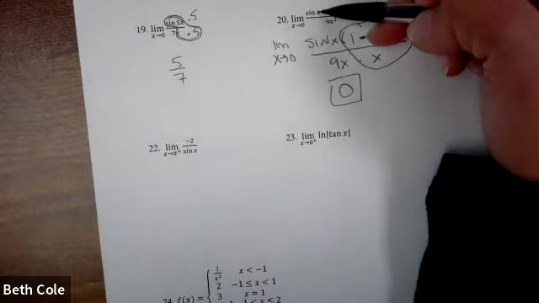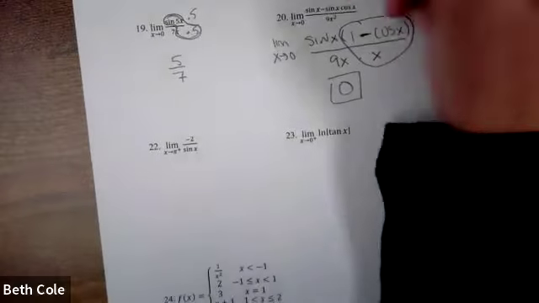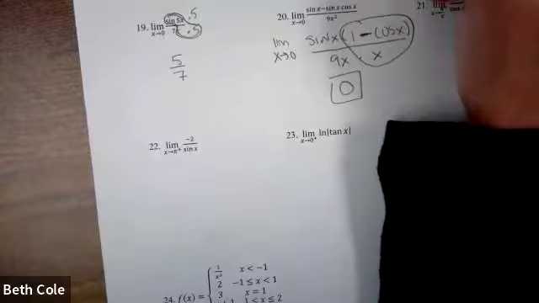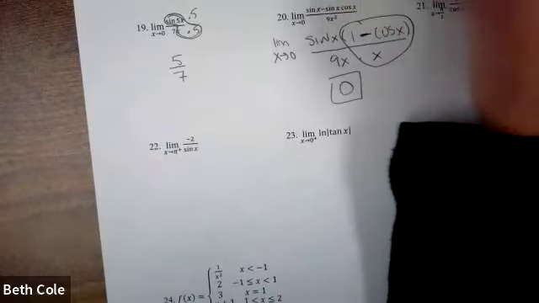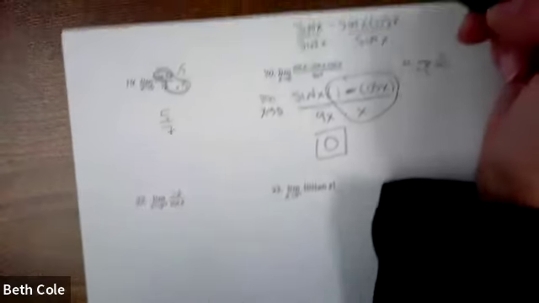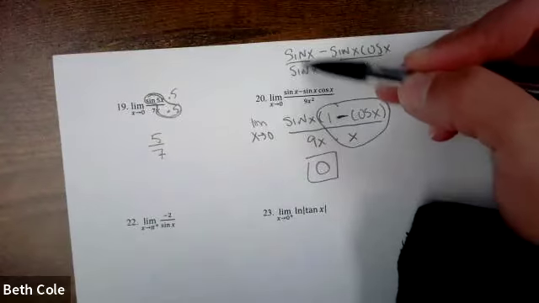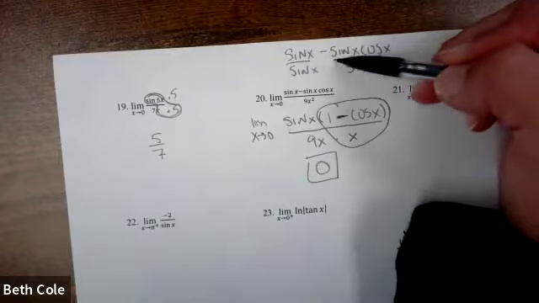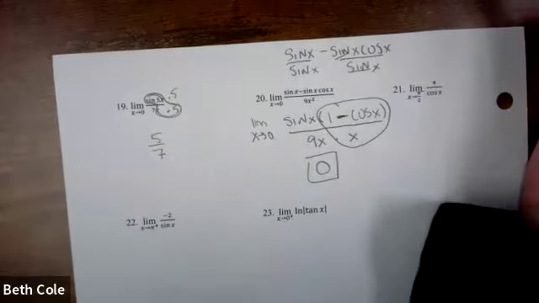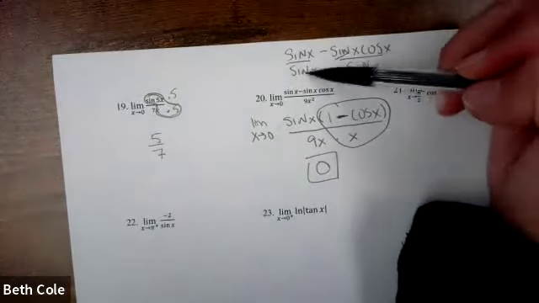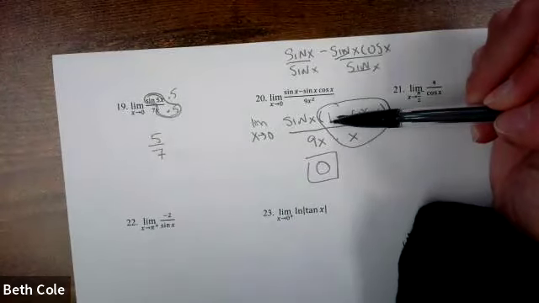I got you. Hold on. I'll show you. You're dividing this by sine x, and you're dividing this by sine x. So this part is just positive 1 minus cosine. Okay. Visually, does that help better? Do you see how sine over sine is just 1, positive 1? Just 1.